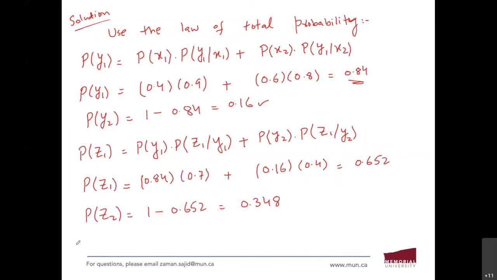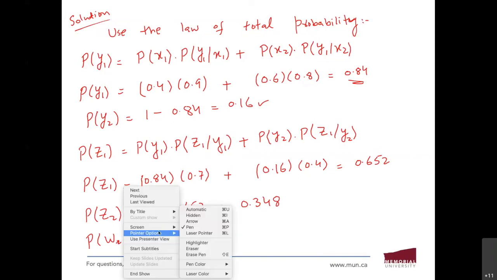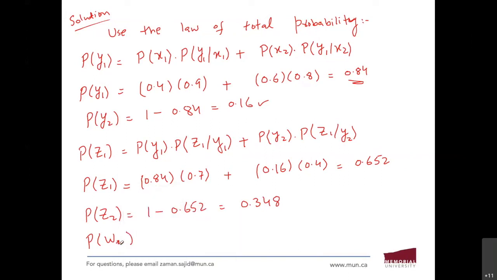Similarly, when you calculate for W1 first, you will get 0.5348.